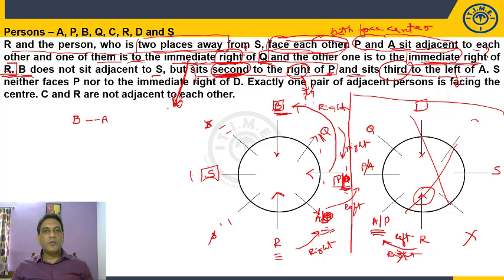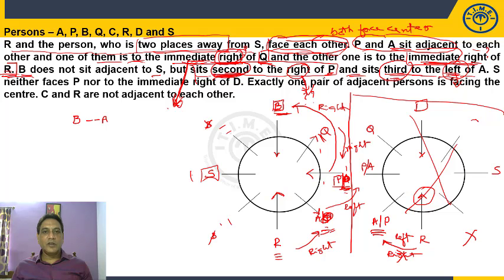Now look at the tricky part of these statements. Third to the left, immediate, all these are helping us to find the positions, not this right and left. In a normal puzzle, when all of them are facing the same direction, right and left help us to find the positions. But in this case, sometimes they help us find the position, sometimes they help us find the direction.